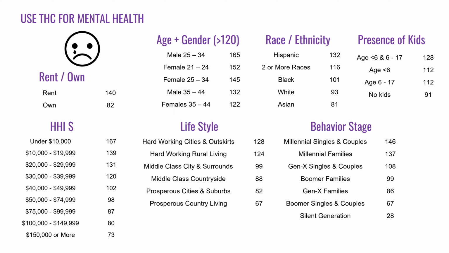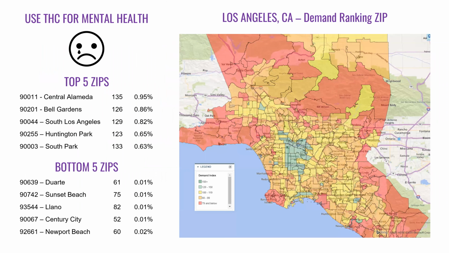But what I really wanted to do was take this a step further. So if we go to the next slide, we not only know things about these people that can help us target and understand them better, but we also understand where they're located geographically. If we look at this map of Los Angeles, California, these are the demand rankings by all the zip codes in Los Angeles.